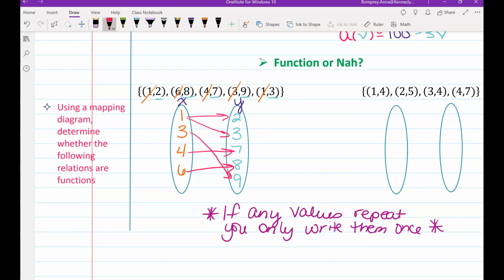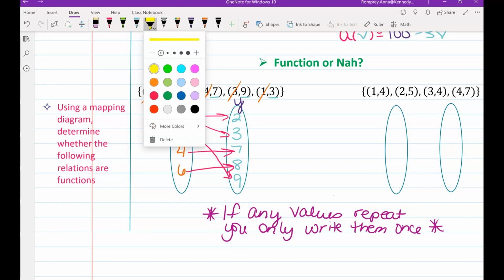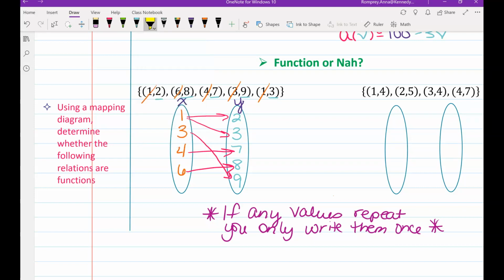So we want to know, does each x have exactly one y? No. Look at 1. It has 2 different outputs. Since the x's repeat, we have a 1, 2 and a 1, 3, this is not a function.